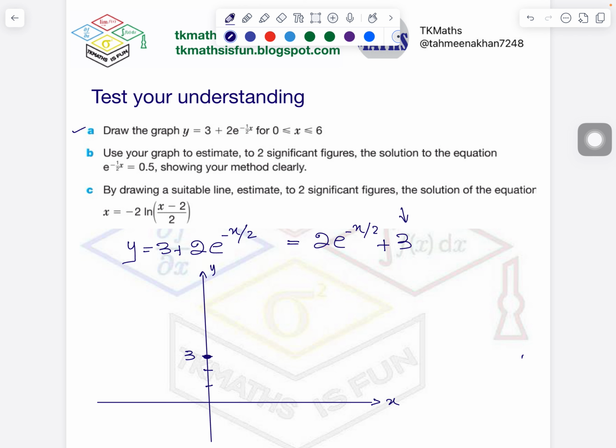So the asymptote will be at y equals 3. And then to find the y-intercept, you put x equals 0. So if I put 0 here, it will become 5. So the curve will pass through 5.